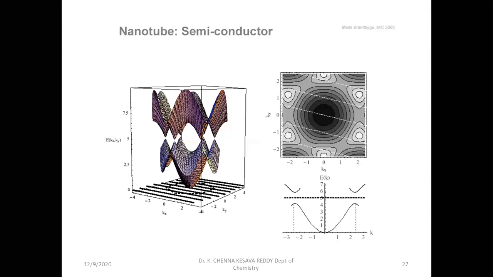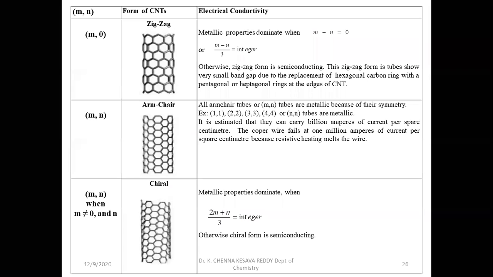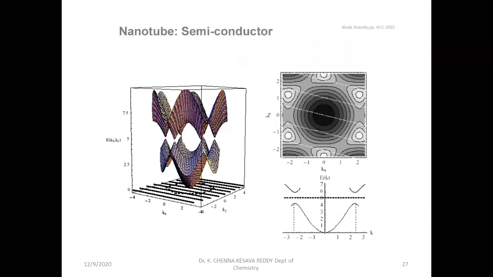Now, if it is semiconducting or metallic, how will the band gap of each carbon atom, or the entire graphene sheet or carbon nanotube, look? It will look like this. For semiconducting, we can see clearly the gap here. For metallic, both VB and CB will combine.